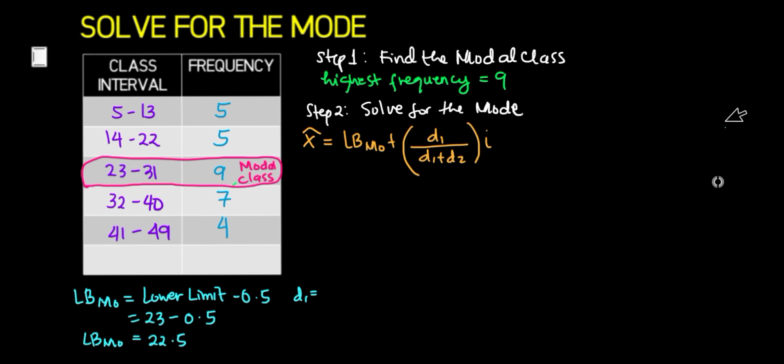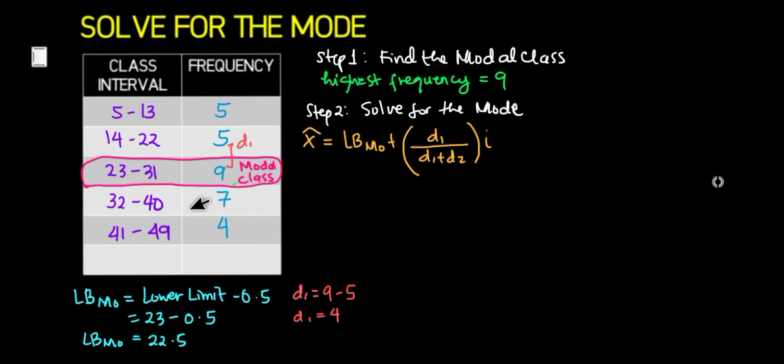Next is difference 1. So, ang difference 1 po is yung highest frequency, which is dito, 9. Tapos, yung frequency sa taas niya. So, frequency sa taas ni 9 is 5. So, 9 minus 5. So, ang D1 is 4.